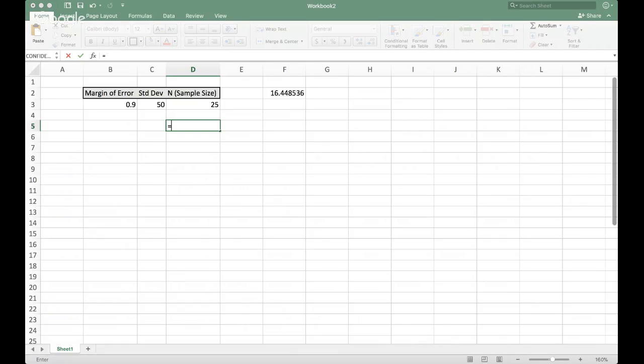So the formula. Margin of error. Confidence interval. This equation gives the confidence interval. I'm not sure if that's the right one, because the formula is, this is the other one.